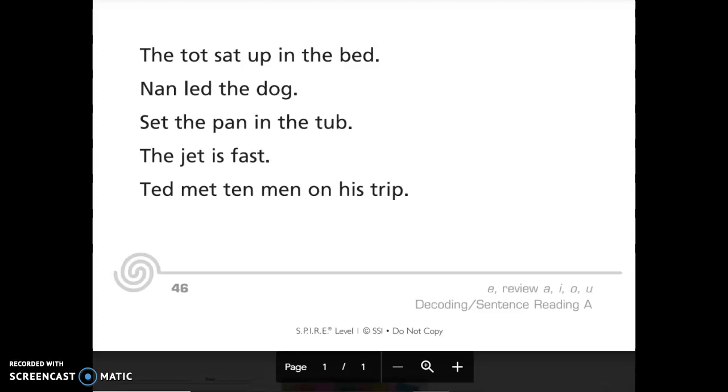I think you're going to have to share that with whatever adult you have helping you with this. So read the first sentence silently. Okay, now make a picture in your mind as you read to make you understand the sentence and what it's about.